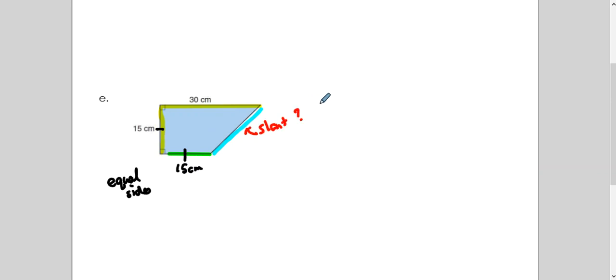Well, anytime you have a slant, Pythagorean theorem comes into play. Okay, so what we need is a right angle triangle. Well, so let's put a right angle triangle in here.